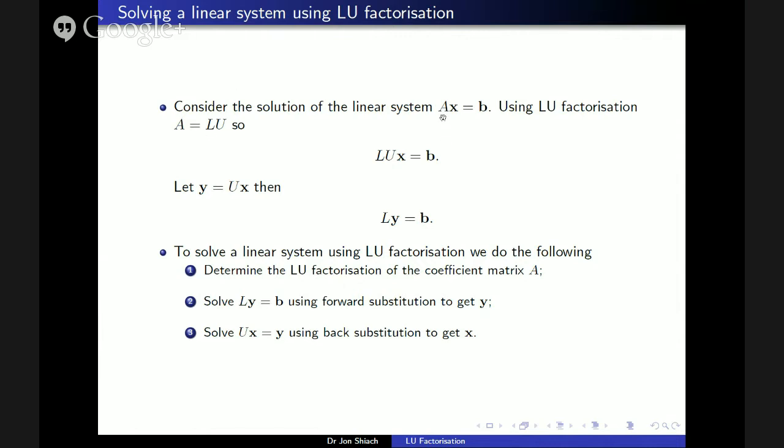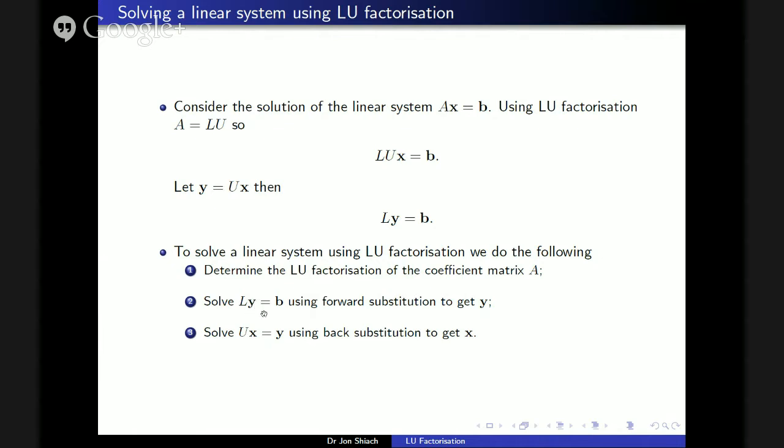So if we replace A with LU, we get this equation. And if we let Y equal U times X, we get this equation. So what this means is we can calculate the solution by solving Ly equals B.